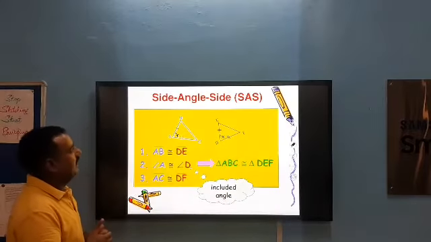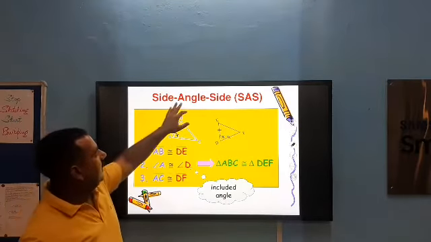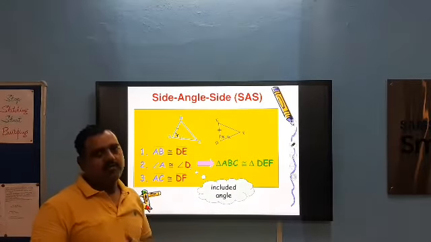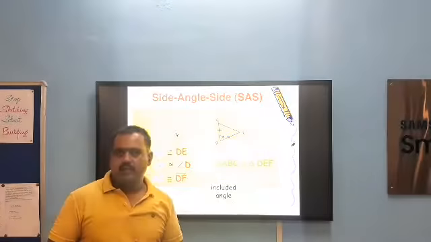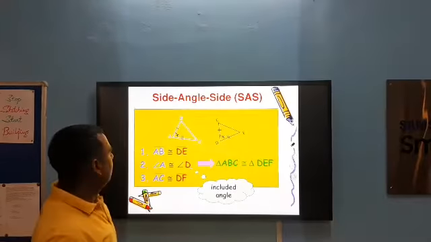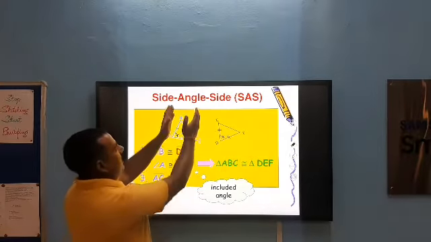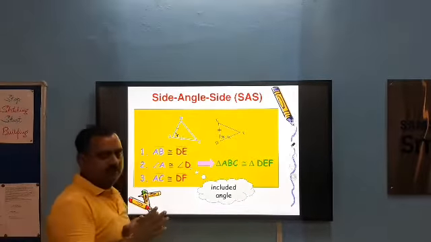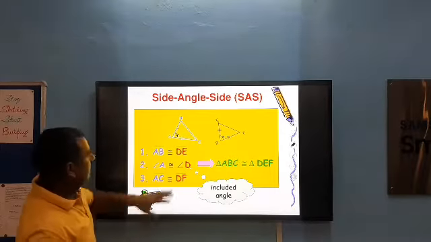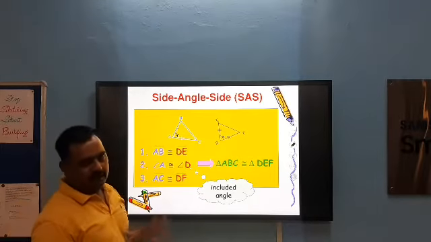Now another criteria is side, angle, side, which is SAS, side, angle, side. Here the angle is written in the middle of the 2 sides. So let us see the diagram.